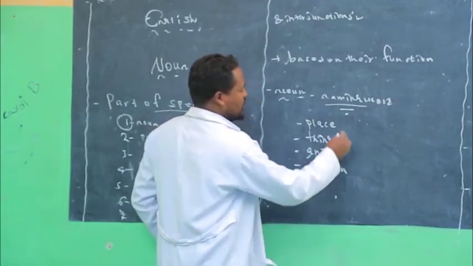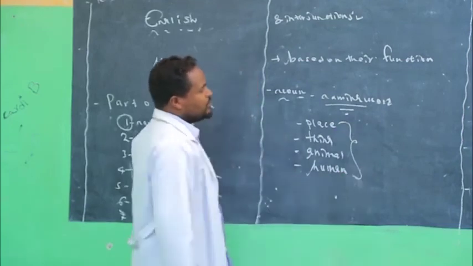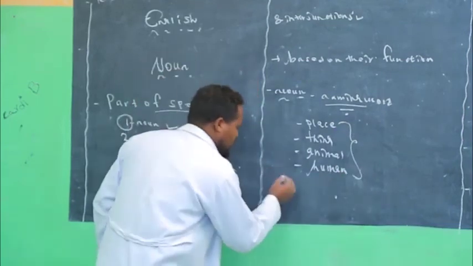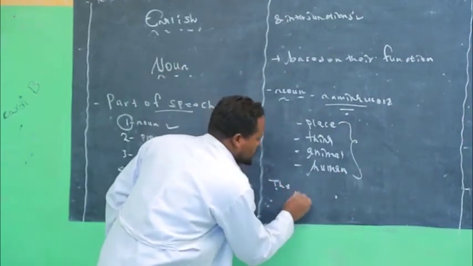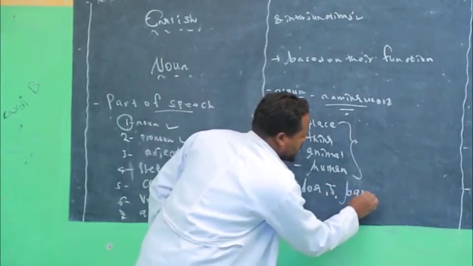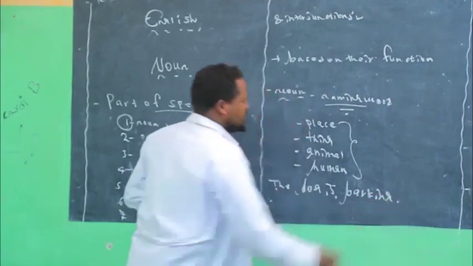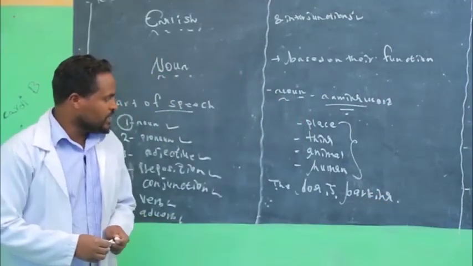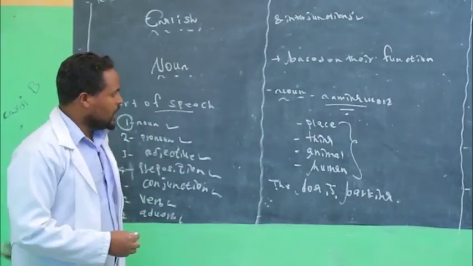These are called nouns. For example, if we say the dog is barking, this is one example that can help me tell what a noun means.